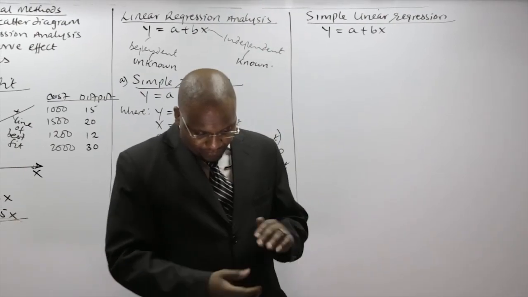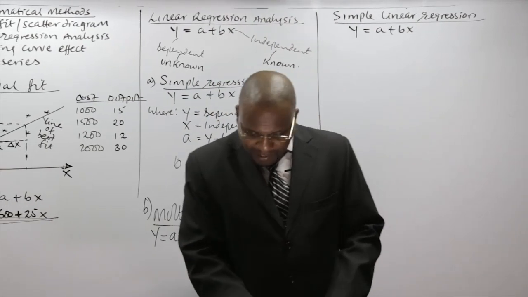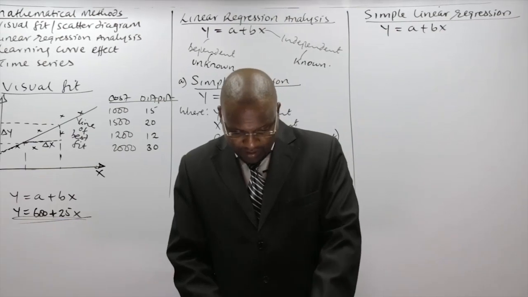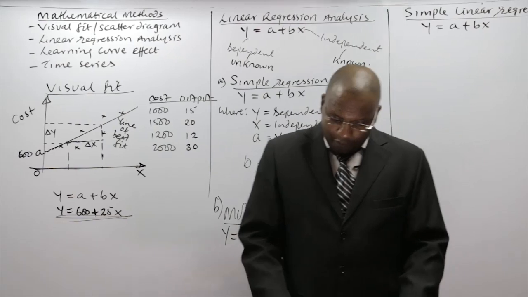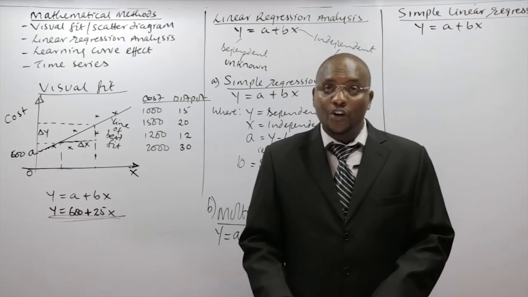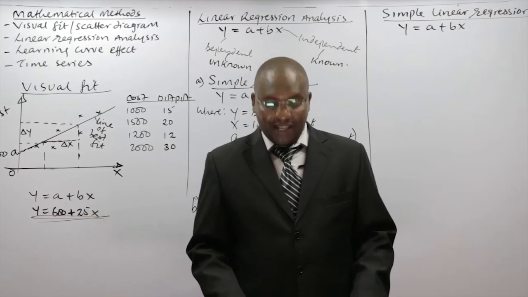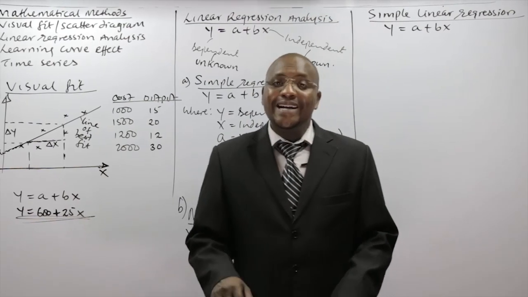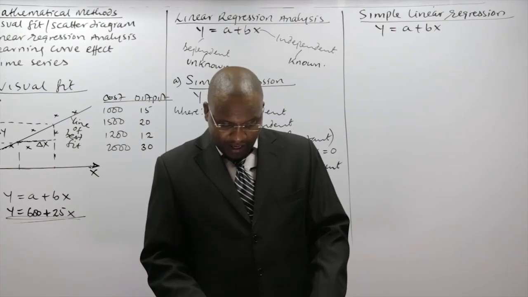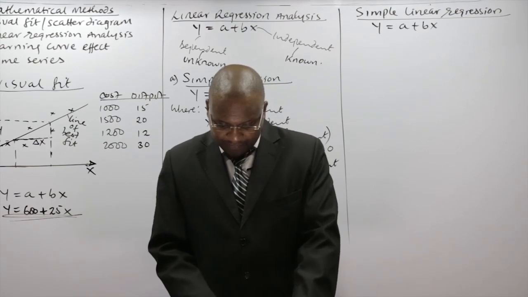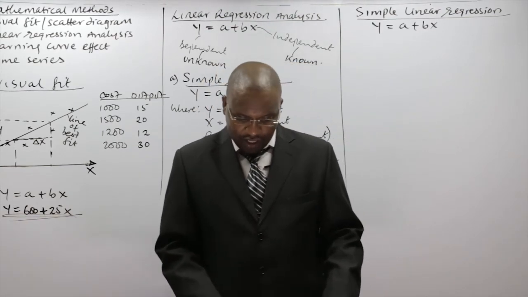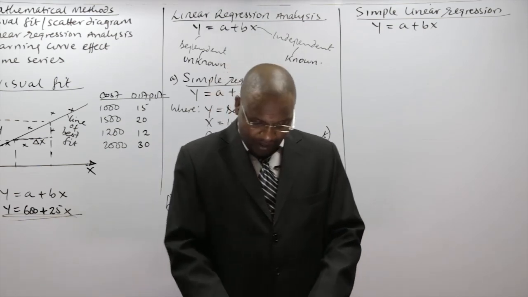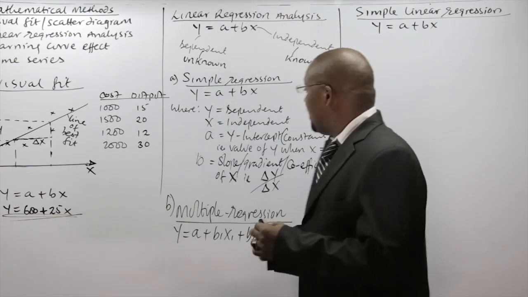And then it is based on the principle that the sum of squares of the vertical deviation from the line established is the least possible, that is less than the sum of squares of the vertical deviations from any other line that may be drawn. This is what I mean.